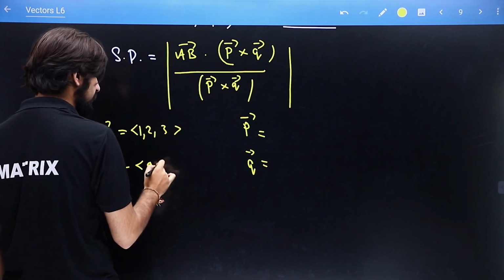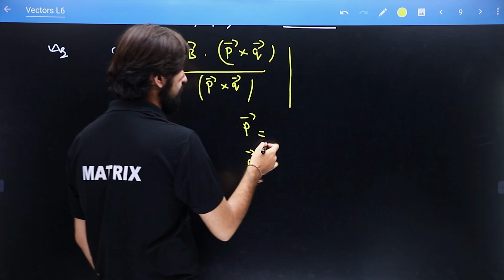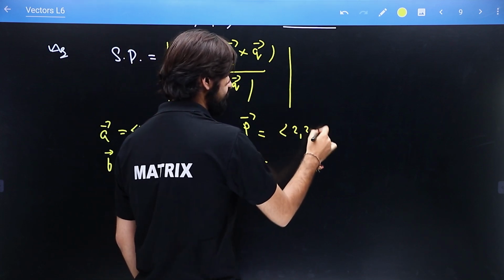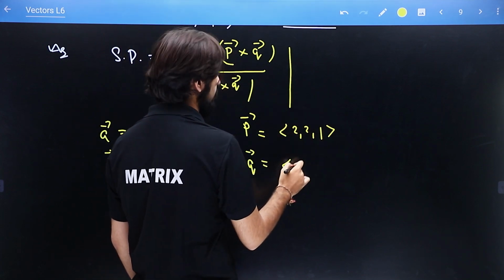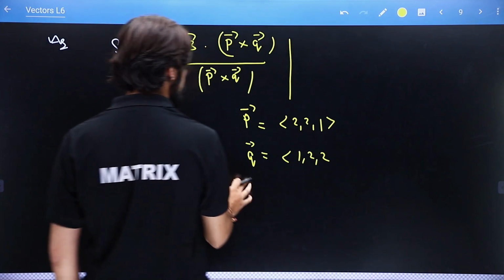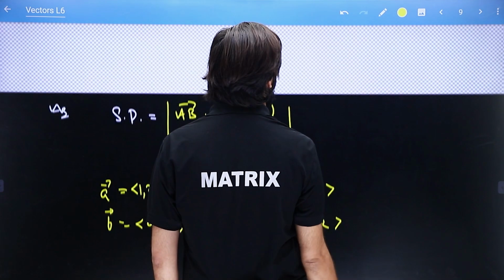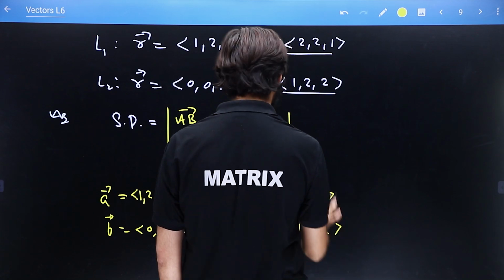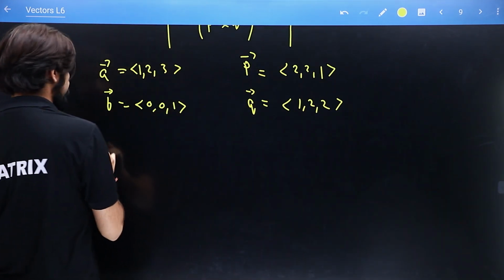Vector B will be 0, 0, 1. Vector P will be 2, 2, 1. Vector Q will be 1, 2, 2.